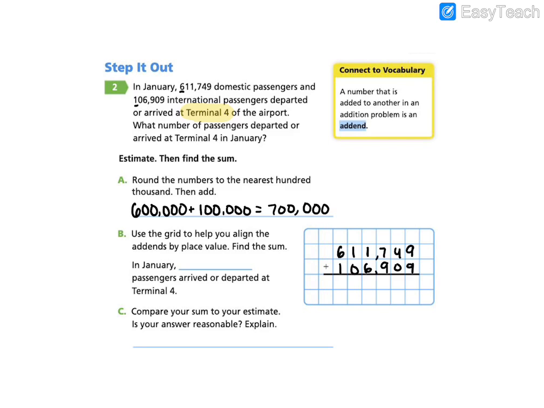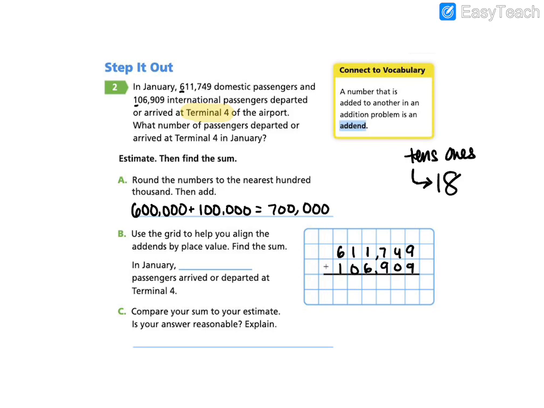So now we're going to go ahead and find the sum. We're going to add these numbers together. And we're going to start in the ones place. 9 ones plus 9 ones is equal to 18 ones. Now with that number 18 ones, we have 8 in the ones place and 1 in the tens. Now this is what our I can statement was talking about with regrouping.